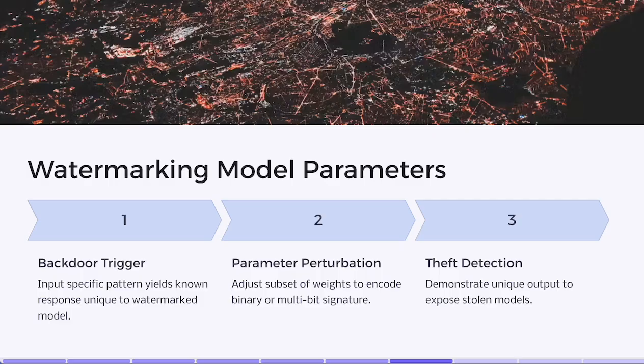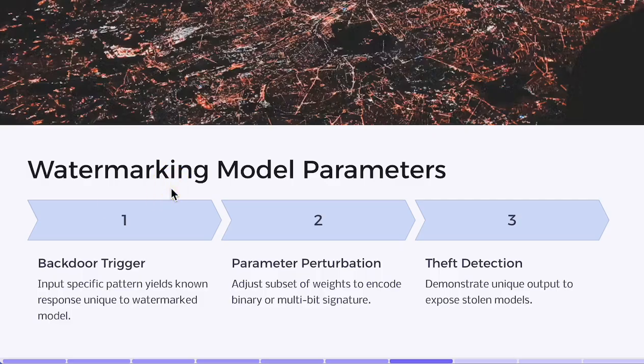And parameter perturbation: slightly adjust a subset of weights to encode a binary or multi-bit signature. A use case for this could be if someone copies your model and claims it's theirs, you show the backdoor trigger in a demo. Your watermarked model will produce a unique output that the stolen model also exhibits, exposing the theft.